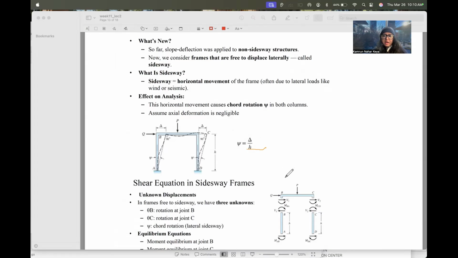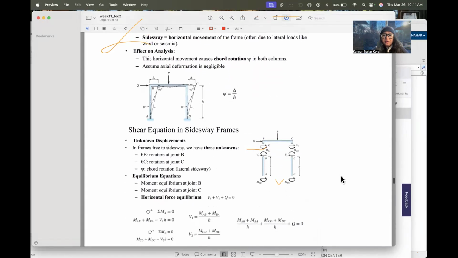Now, as we did before, we need to separate the frame structure, otherwise we are not able to solve it. Then we need to identify what is unknown here.